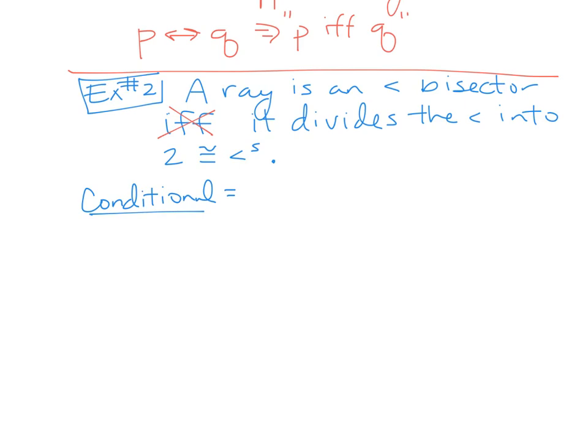So what would my if-then statement, what would my conditional from this be? If a ray divides the angle into two congruent... Okay, that would be the converse, right? Oh, you want to start at the beginning. So if a ray is an angle bisector, that's where your then comes in.